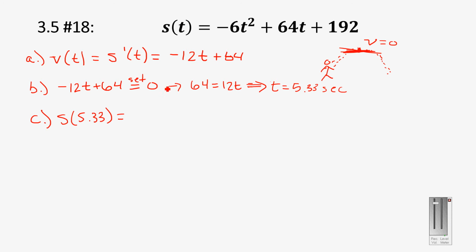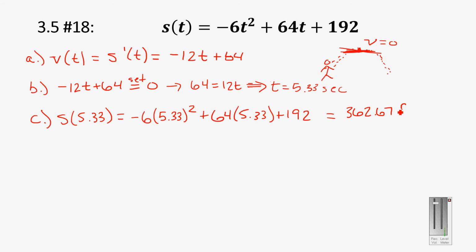If I plug this in, I get negative 6 times 5.33 squared plus 64 times 5.33 plus 192. And if you work the math on that, I've got it worked out on my sheet here. That comes out to 362.67 feet. That'd be my answer for part C.